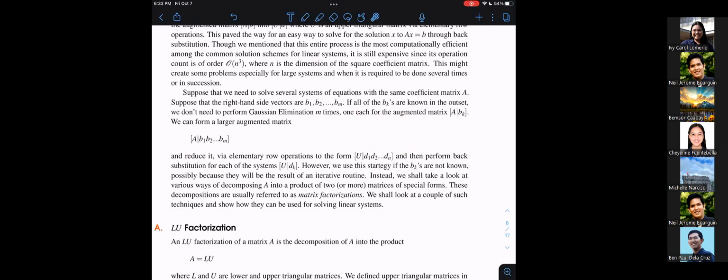Okay, and the first and probably the easiest ay yung tinatawag na LU factorization. Hindi masyadong creative yung pagpapangalan, but this is a nice way to remember this decomposition. The LU decomposition or factorization of a matrix A is the writing of the matrix A as a product of two matrices, L and U, where L is lower triangular and U is upper triangular.